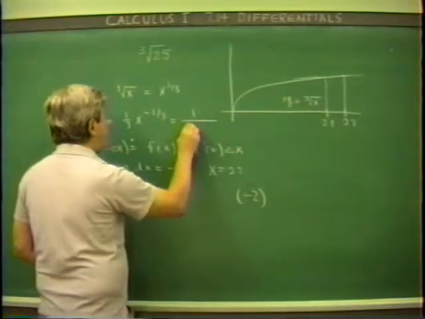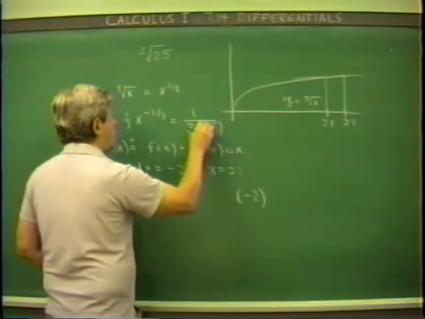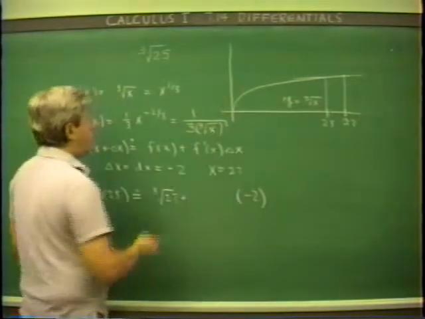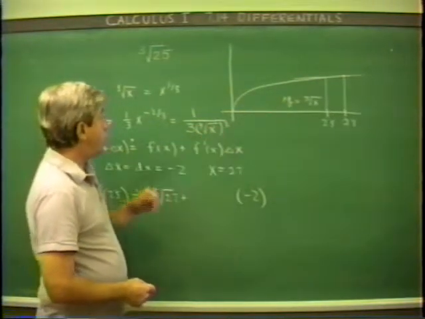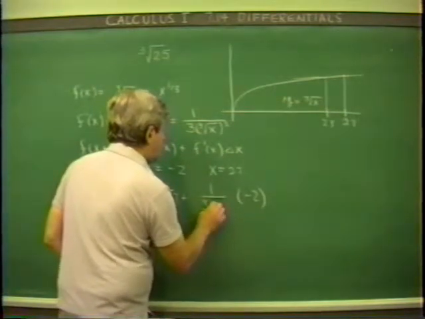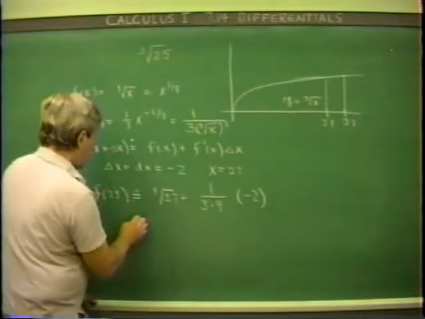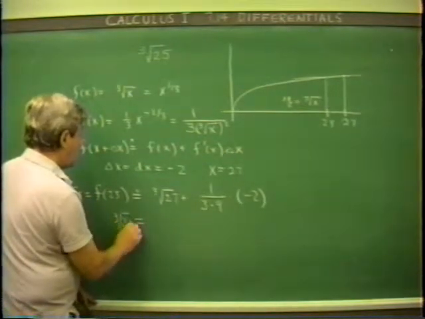So delta x is minus 2, and f prime of x is 1/3 cube root of x squared. When x is 27, the cube root of x is going to be 3. 3 squared is going to be 9. So this is going to be 1/3 times 9.